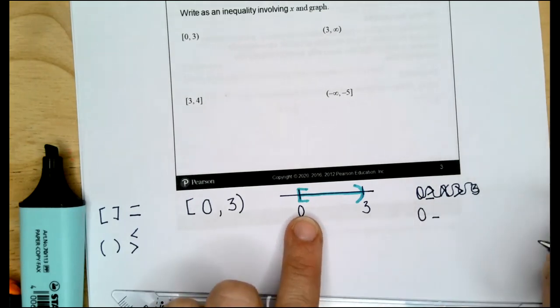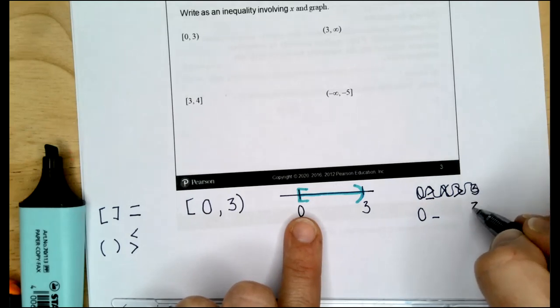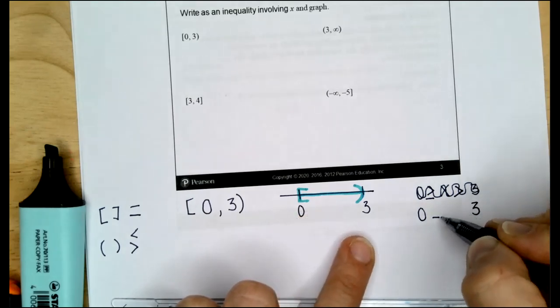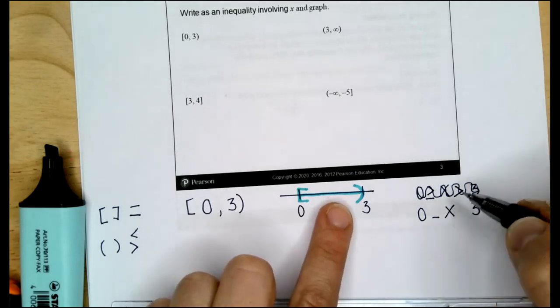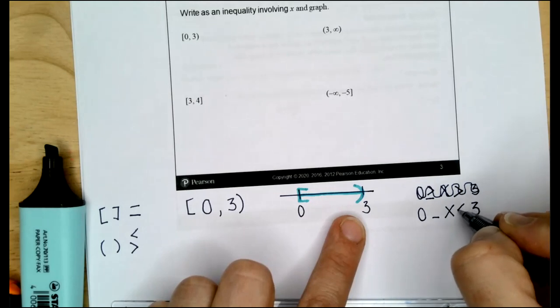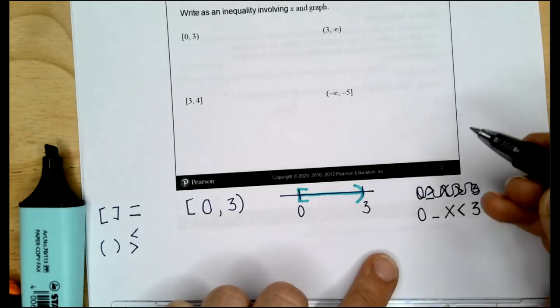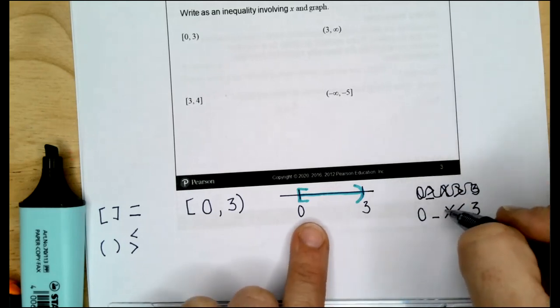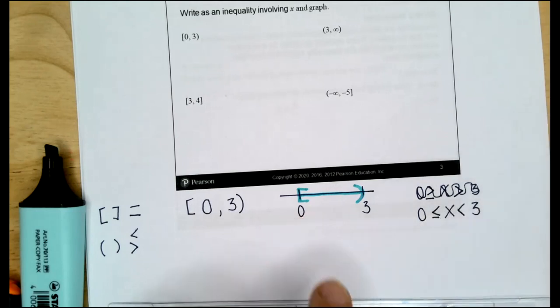We know there's going to be an equal sign because of the bracket. It would work if the x was on this side, but it doesn't. 3, we're not going to have an equal sign because it's a parenthesis, right? X is less than 3, right? Because the arrow is going that way from 3. X is less than 3, and x is greater than or equal to 0, or 0 is less than or equal to x.